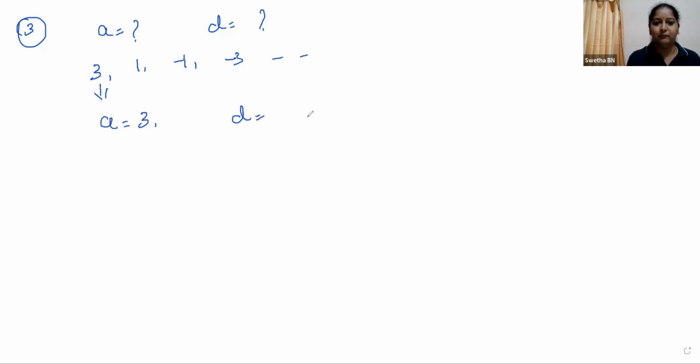What is D here? A2 minus A1 is equal to, A2 is 1, A1 is 3. So 1 minus 3 is minus 2. We are subtracting a big number from a small number, so it is minus 2, right? If you want to check one more, minus 3 minus, see, both are negative numbers.